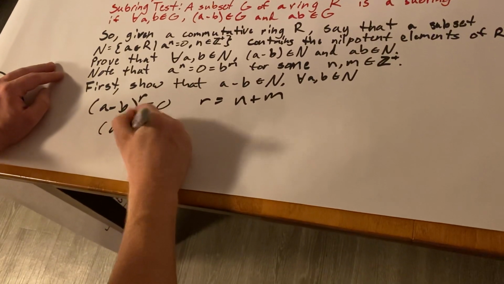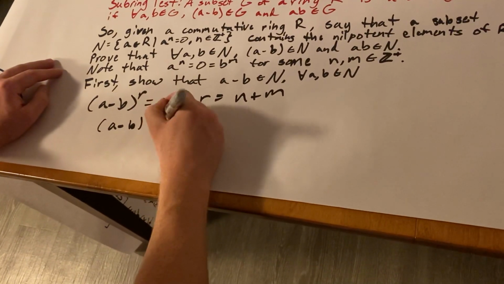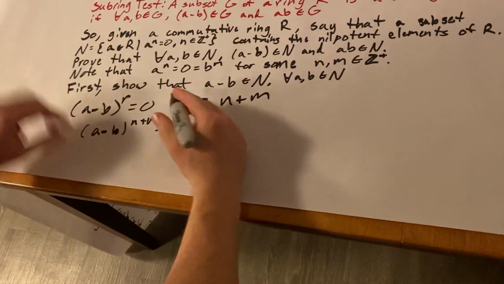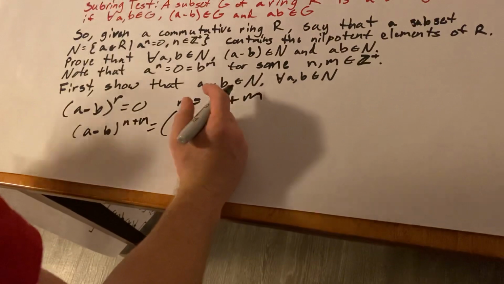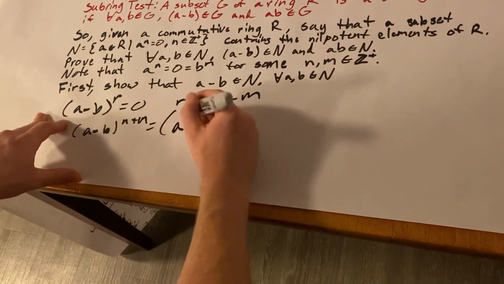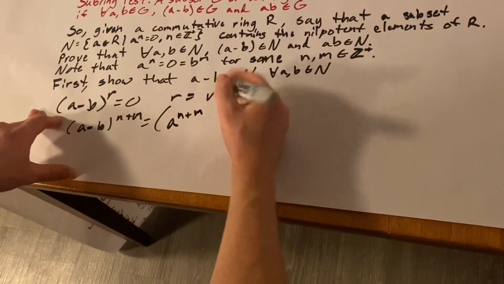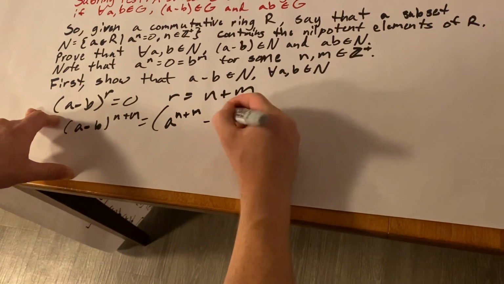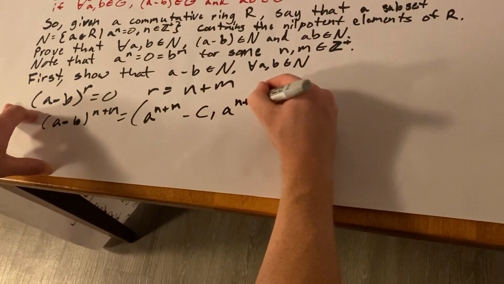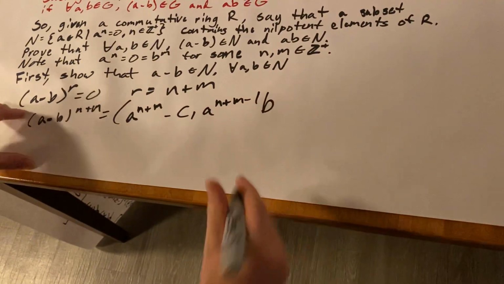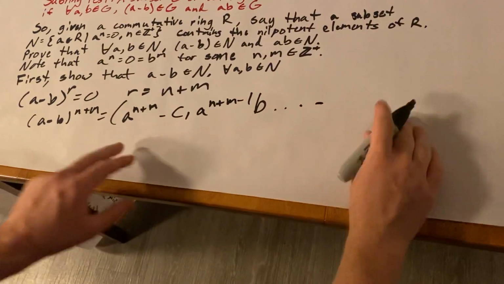So a minus b to the n plus m is equal to a to the n plus m minus some constant times a to the n plus m minus 1 times b, and this is going to continue on, so on and so forth.